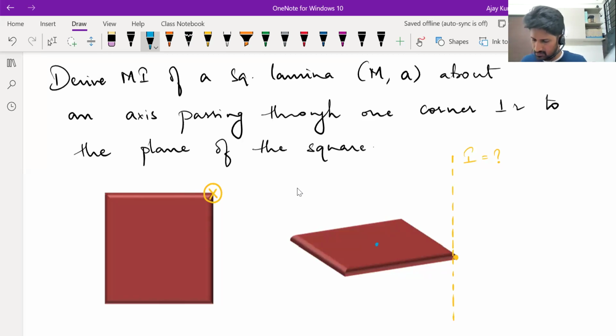Okay. So in the right side diagram, let's visualize that axis also. And if you want to use parallel axis theorem, you need to know the moment of inertia about one of those axes. Do you know the square's moment of inertia about this axis? We don't.